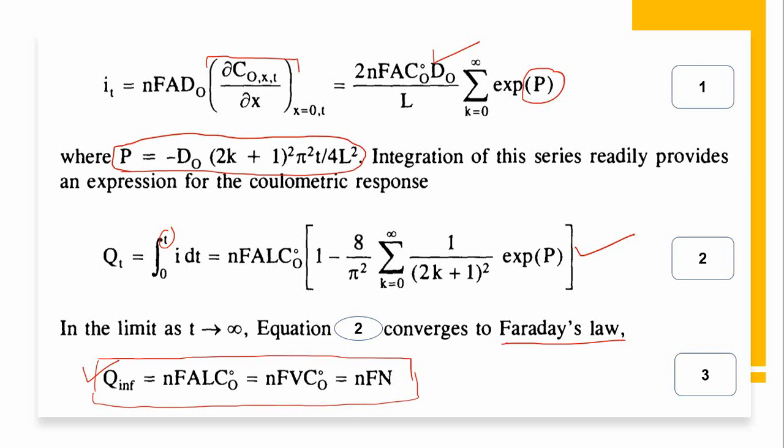Now in the thin layer we are getting a lot of information here. For example, we are getting the number of electrons, and once we get the number of electrons, it can help us to understand the mechanisms that are taking place.